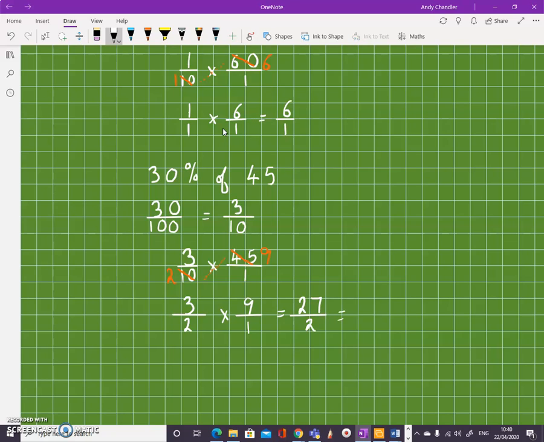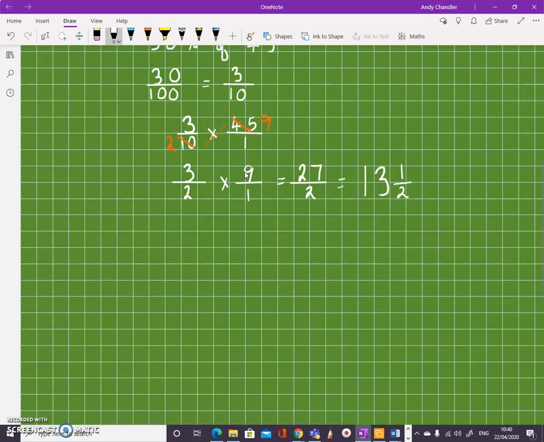And if I simplify that, I end up with 2 goes into 27 13 times, with 1 remainder. So 30% of 45 is 13 and a half.